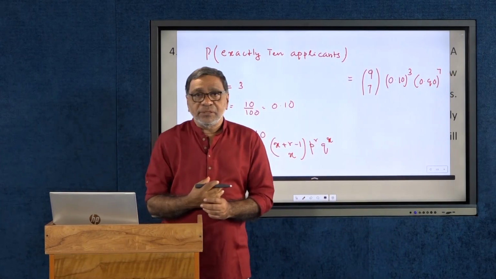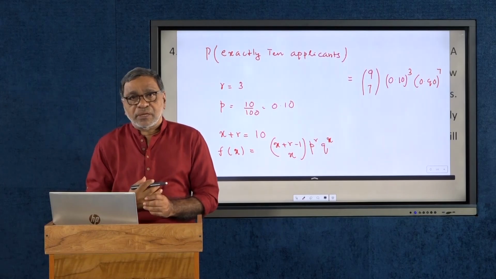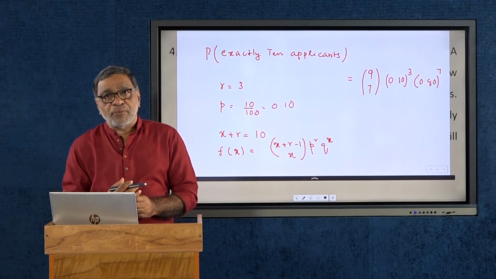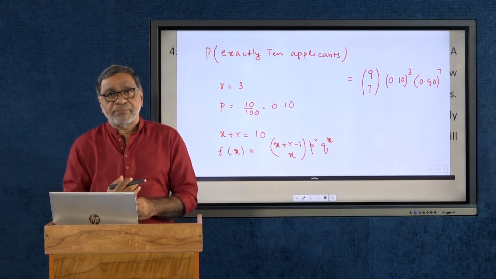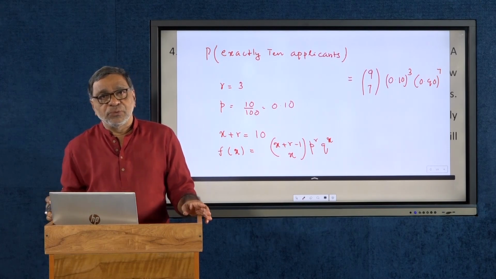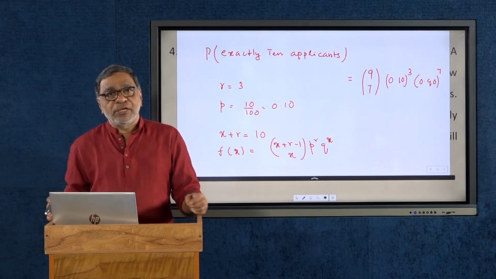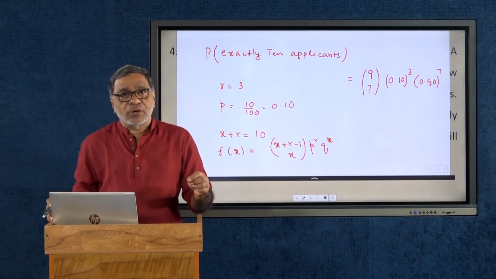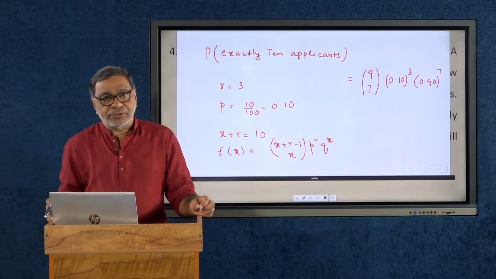So, 9 c 7 into 0.10 power 3 into 0.90 power 7. Simplifying that expression, this value is equal to the probability of interviewing exactly 10 applicants in order to fill 3 positions.